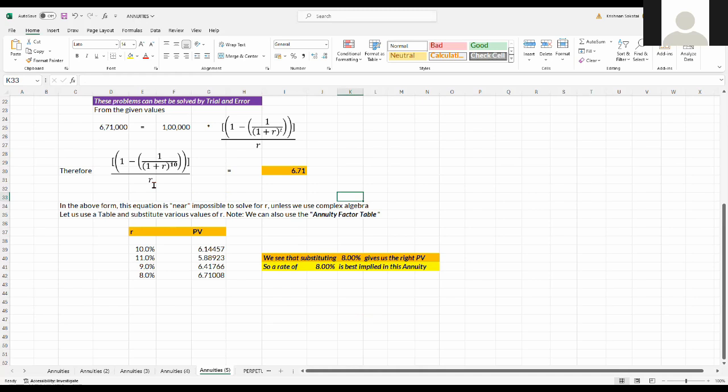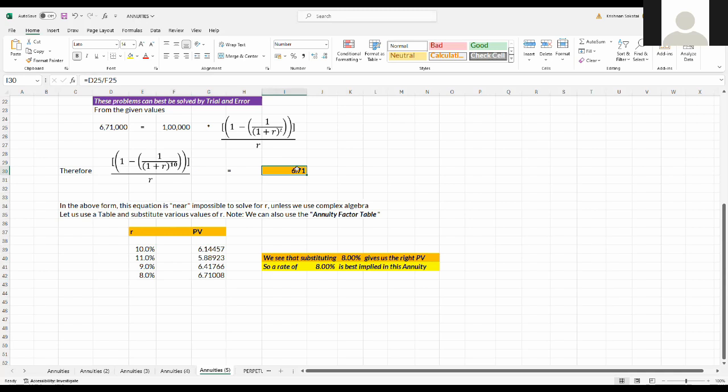As we saw in the introduction of annuities, it's a sort of inexact science, if you will. So we create a table and substitute various values of r, and see if we get a PV which is exactly the same as this, because we know this is the PV. So the left hand side should equal the right hand side.